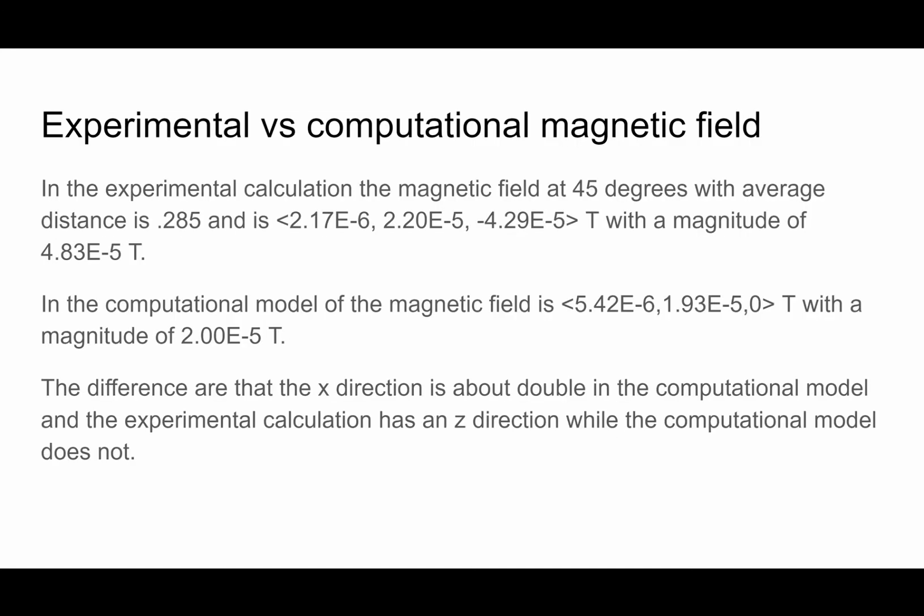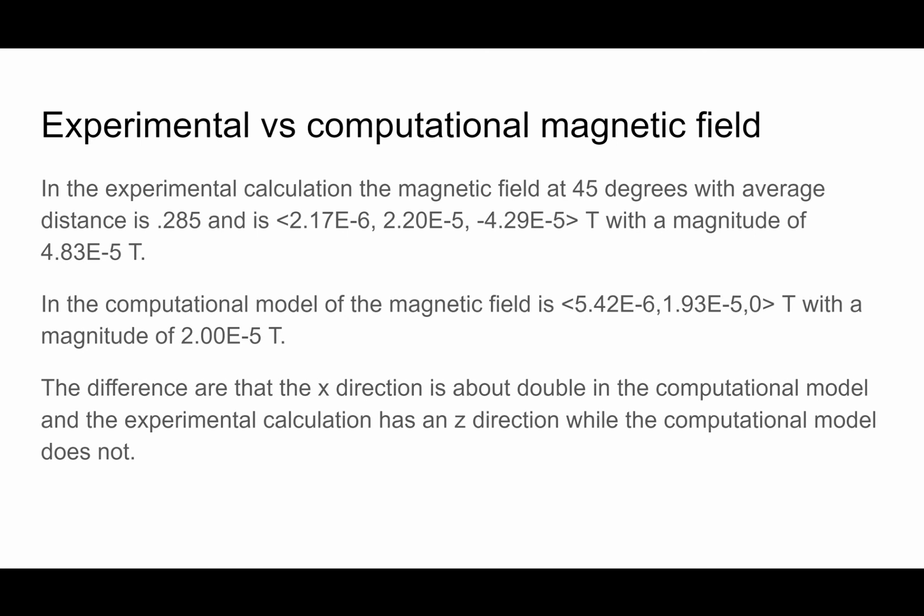So in the experiment, we calculated the magnetic field at 45 degrees with an average distance of 0.285 meters: 2.17 times 10 to the negative 6 in the x direction, 2.2 times 10 to the negative 5 in the y direction, negative 4.29 times 10 to the negative 5 in the z direction, Tesla, with a magnitude of 4.83 times 10 to the negative 5 Tesla.